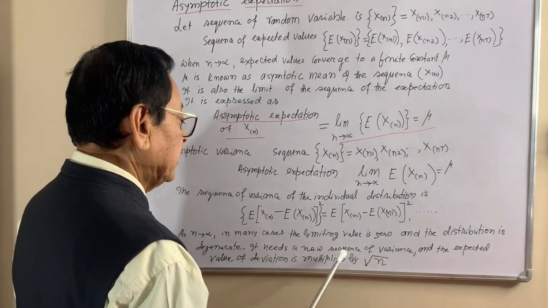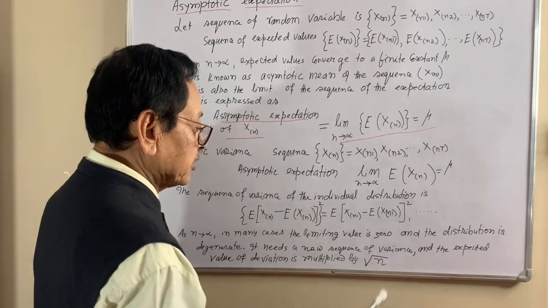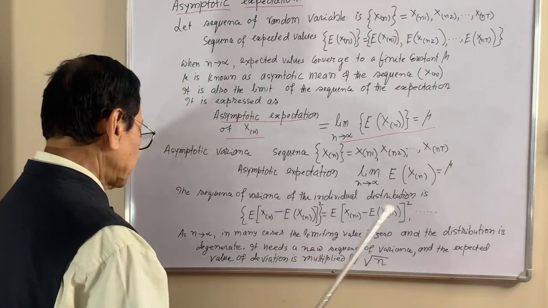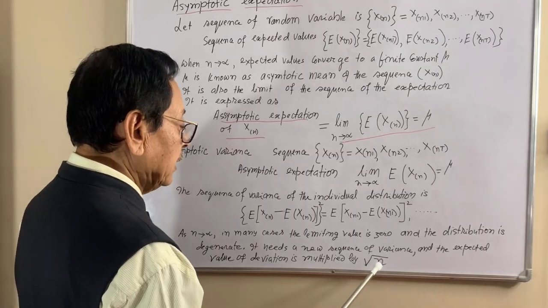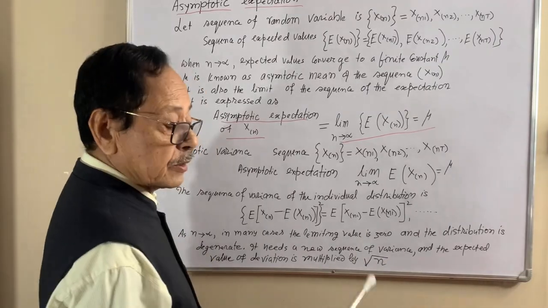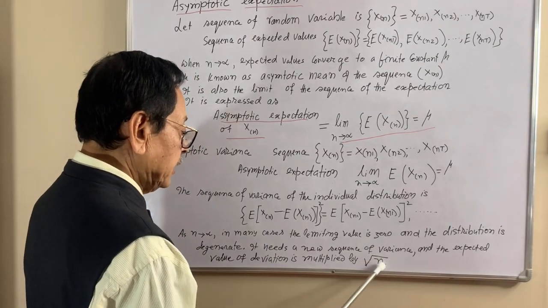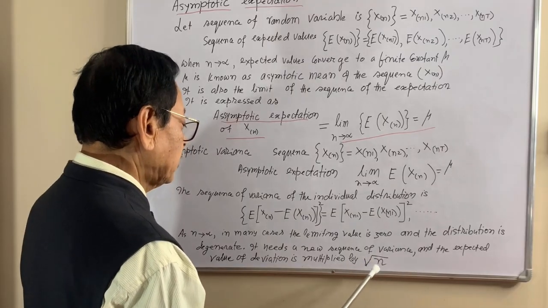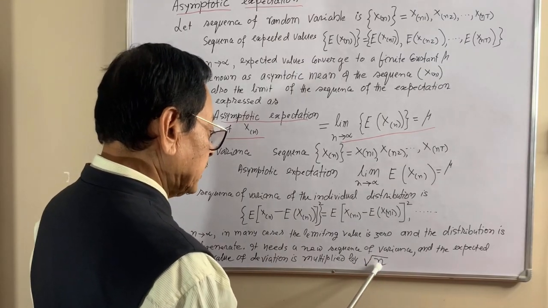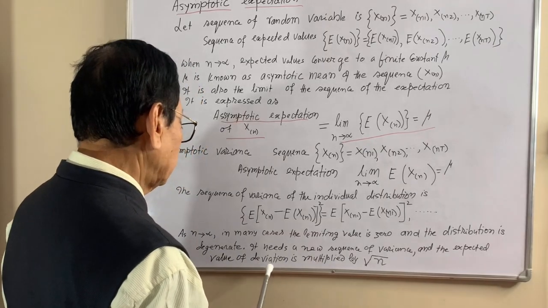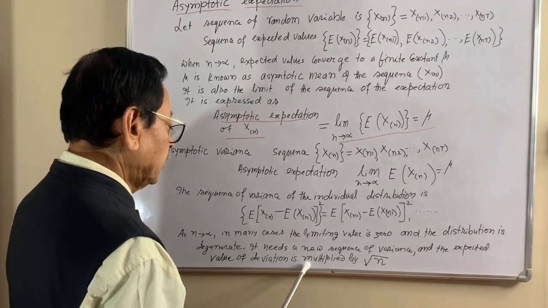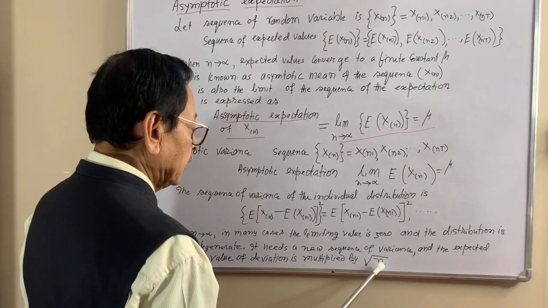It needs a new sequence of variances, where the expected value of the deviation is multiplied by root n. So the deviation is multiplied by the sample size factor, root n.